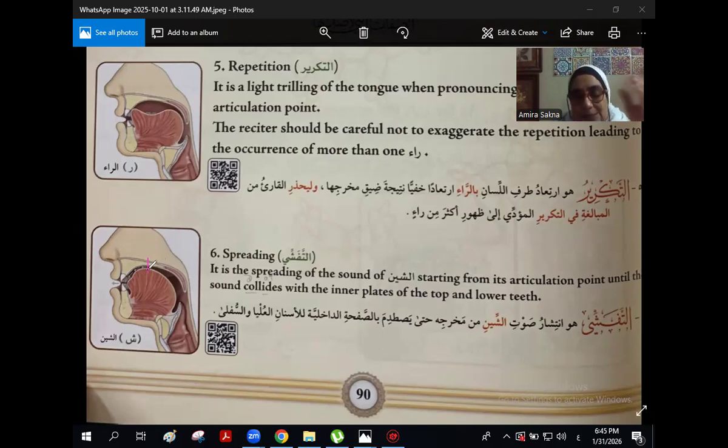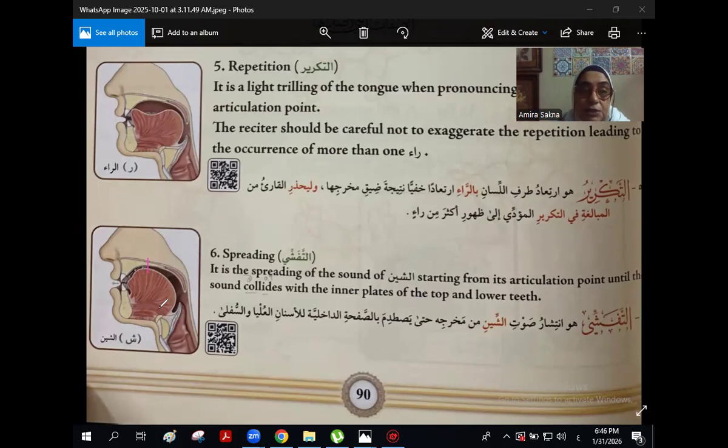To make this point clear, I will pronounce any majhur letter, like for example, lam. Al, you feel here, if you put your 3 fingers like this, here, what are you going to feel? Try it with me kindly.